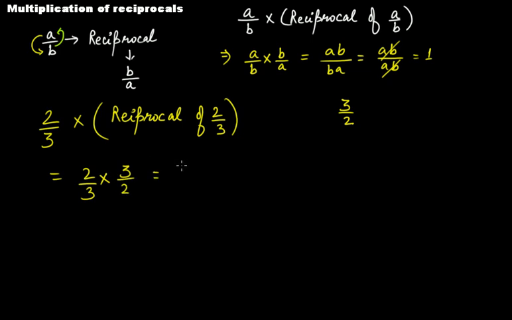This gives you 2 times 3 and 3 times 2, 6 over 6. So this goes, as the highest common factor is 6 only, you get 1. So whenever you multiply a rational number with its reciprocal, you always get 1 as the answer.